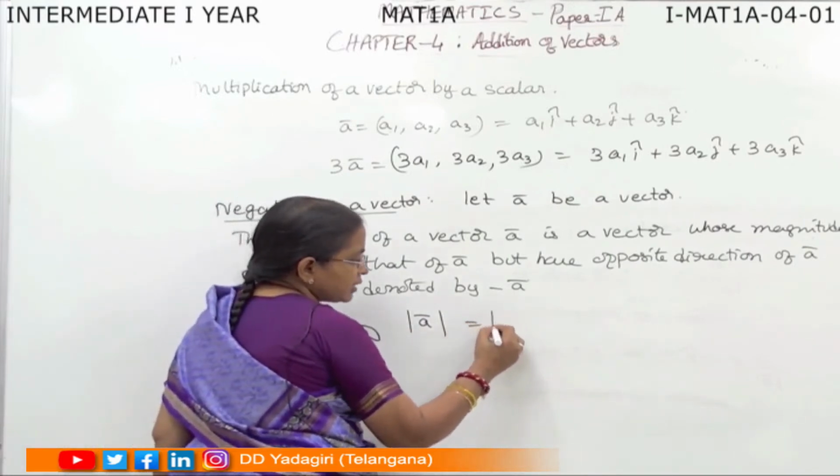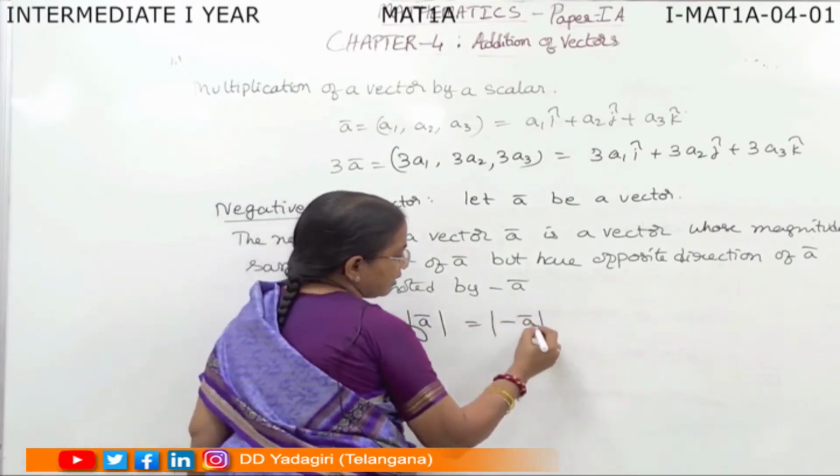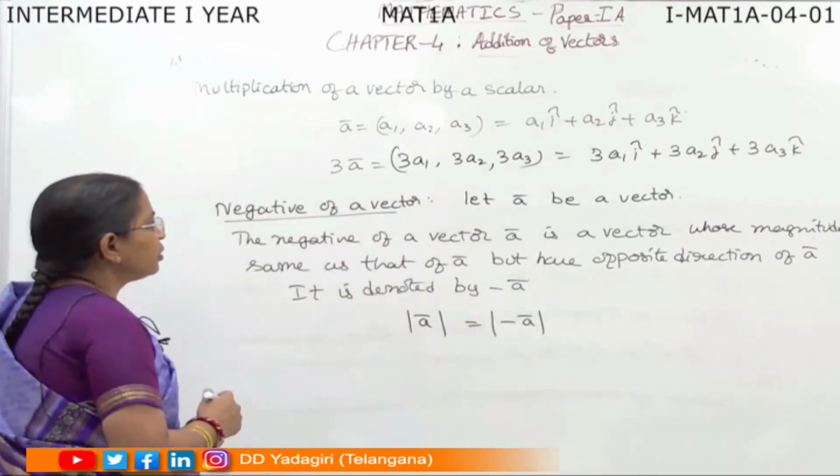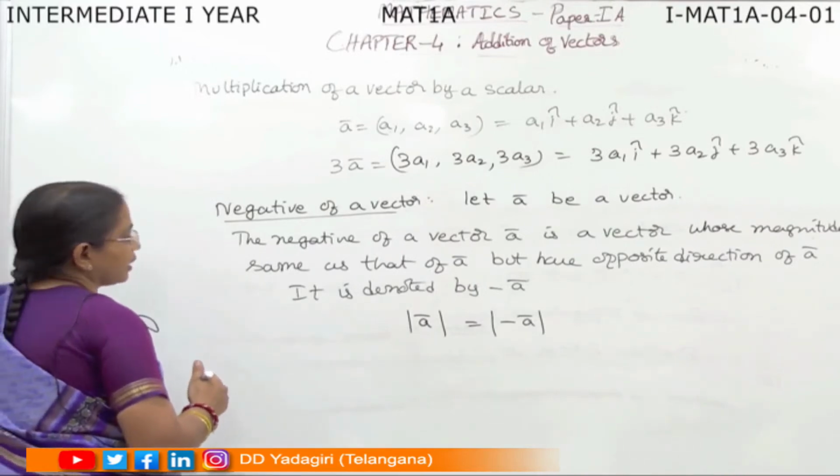So mod A is the same as mod of minus A, but the direction is opposite. So this is about the negative of a vector.